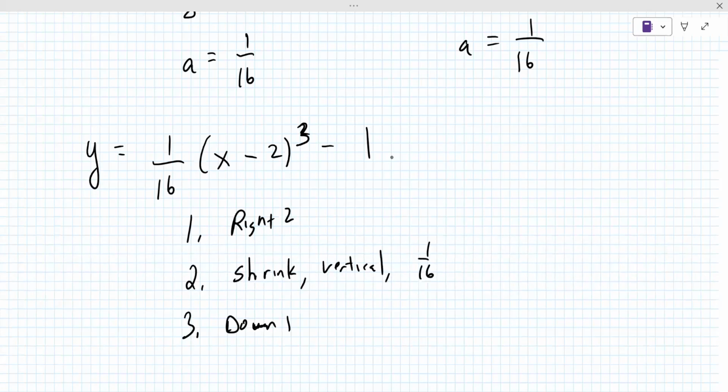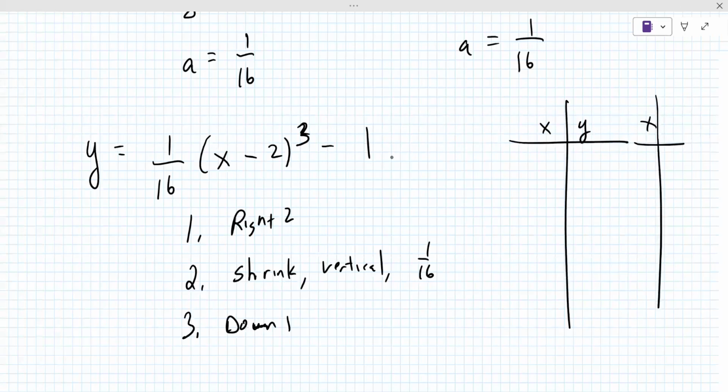Does that mean I'm dividing the numbers by 16? The y values you're dividing by 16. So if it's like 2 and 8, it would become a half. That's one of the points on the graph, correct? Yeah, it's the original xy to the transformed xy.